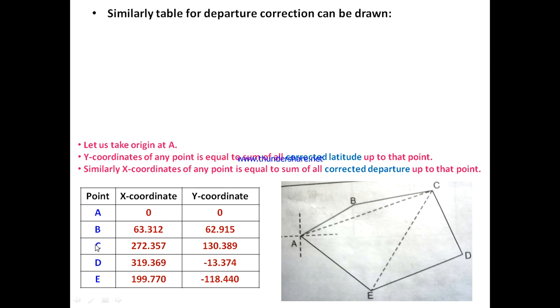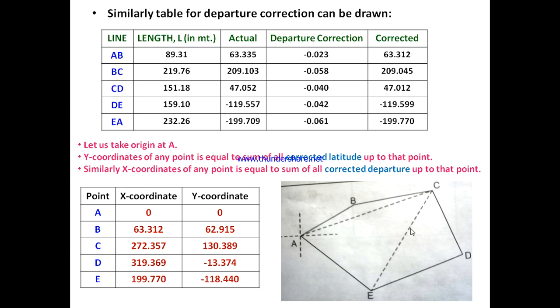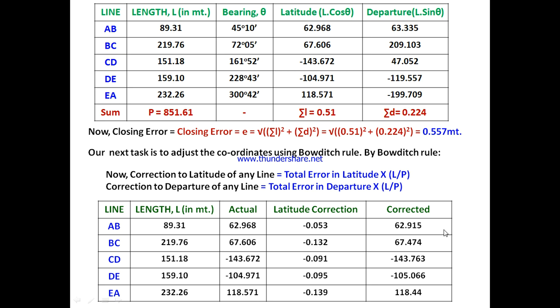Now for the other point, that is for point C, what you need to do is add these two values: 63.312 plus 209.045, and you will get the departure value as 272.357.